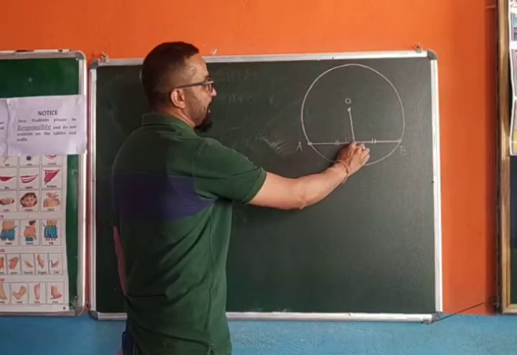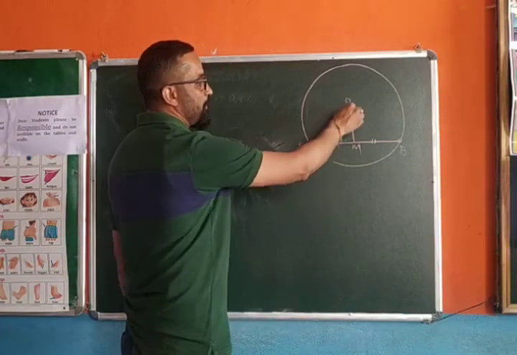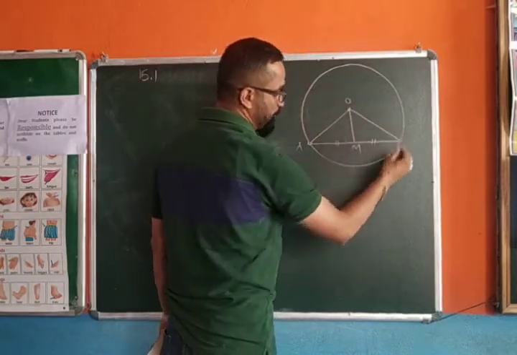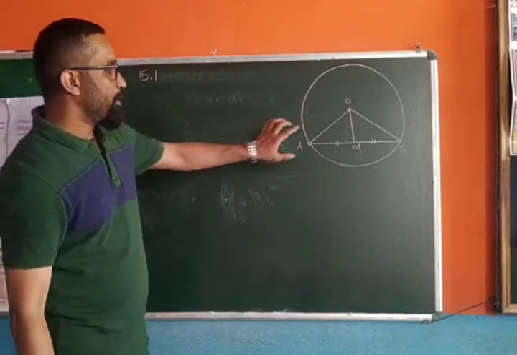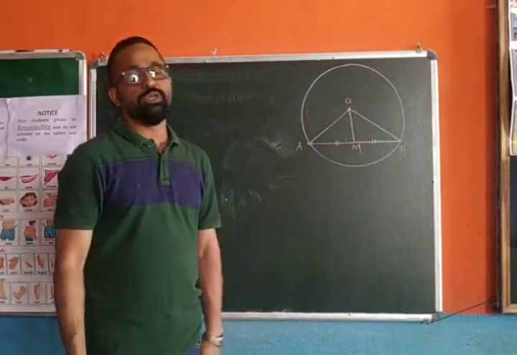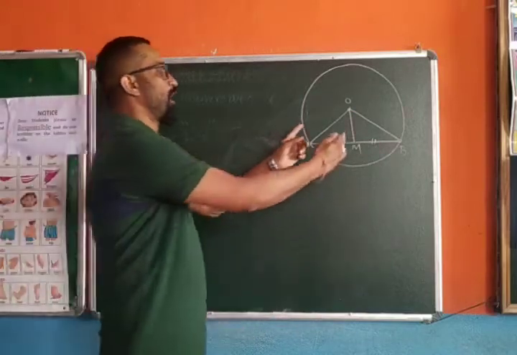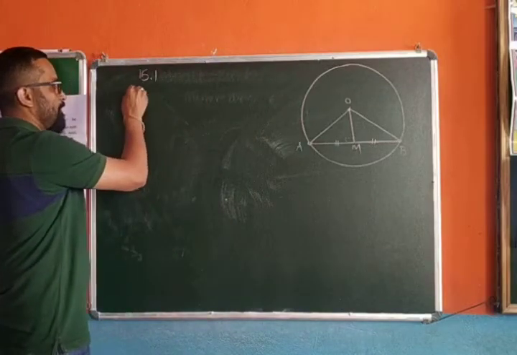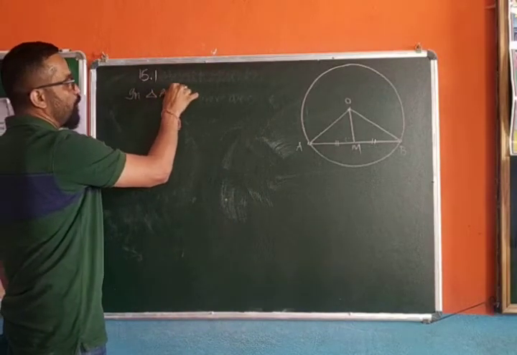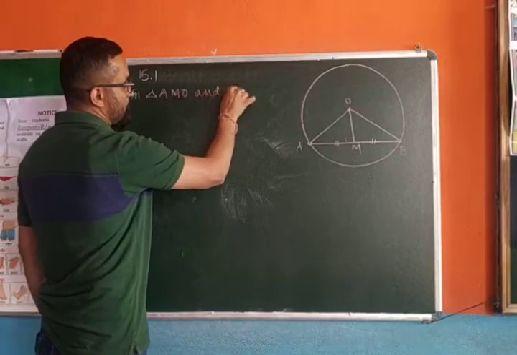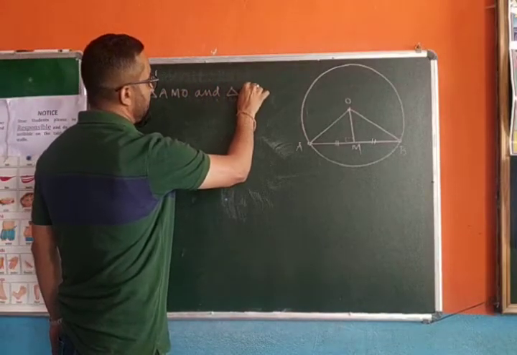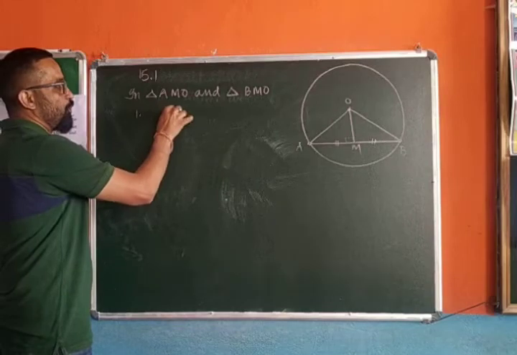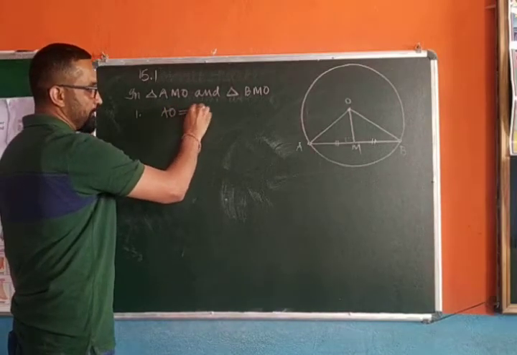We write this intersection as M, we join AO and we join OB. When you have joined AO and OB, prove these two triangles are congruent. And look at the proving. In triangle AMO and triangle BMO, the first one, AO is equal to OB.